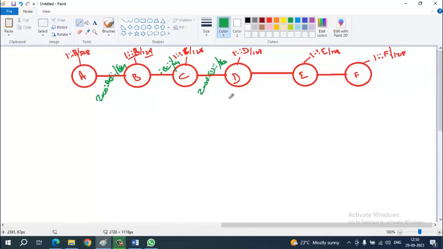Here what will be the IP address? 2000 colon DE colon D slash 64. And here it is going to be colon E. Likewise here I'll say 2000 colon EF colon F slash 64. And here it is going to be E.